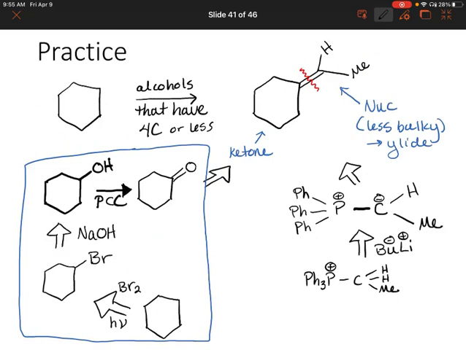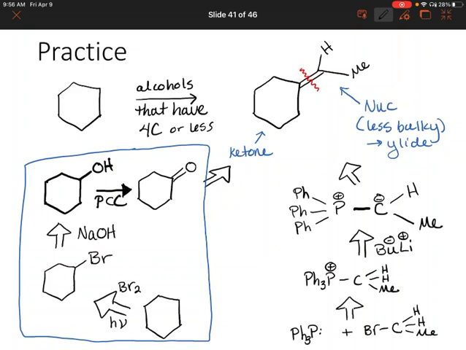Okay, so we're going to go one step back and say that we started with that phosphorus and our carbon was bonded to a halogen initially. So we could use something like bromine, right? But we want to start with an alcohol. So let's see.